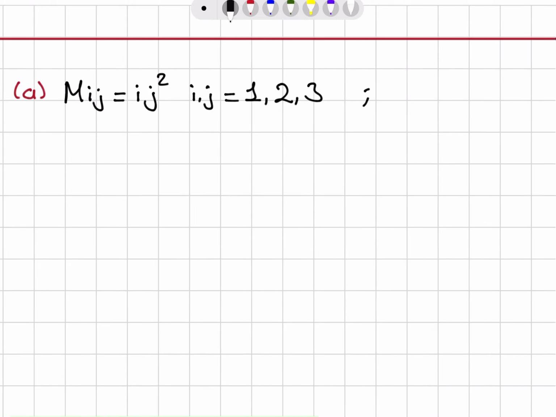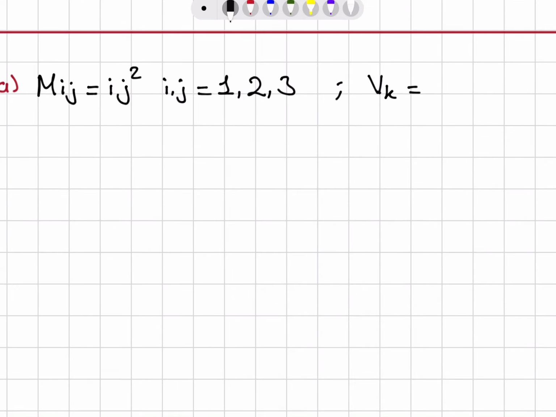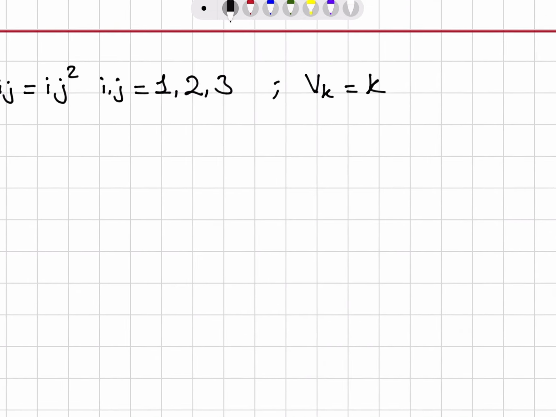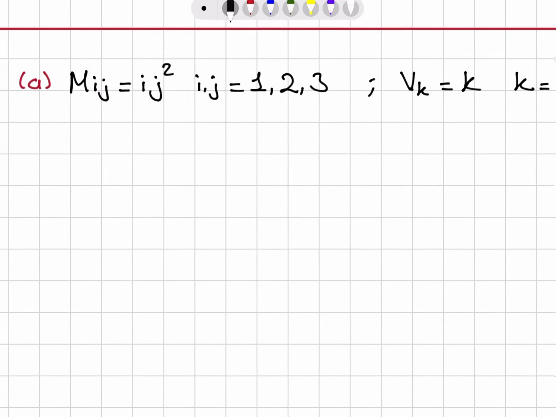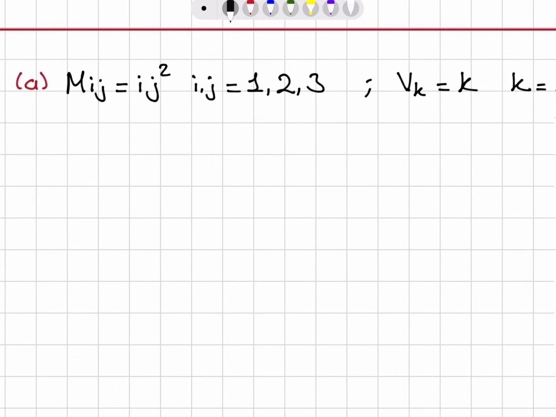And v is a vector whose kth element is given by k, where k can take values 1, 2, and 3. So that's what is given. So we're supposed to pre-multiply the v vector with the M matrix. So M matrix multiplied by the matrix representation of the v vector is what we are looking at.